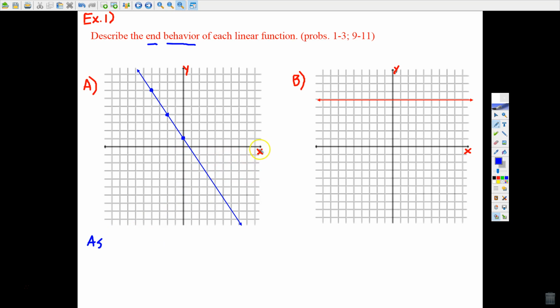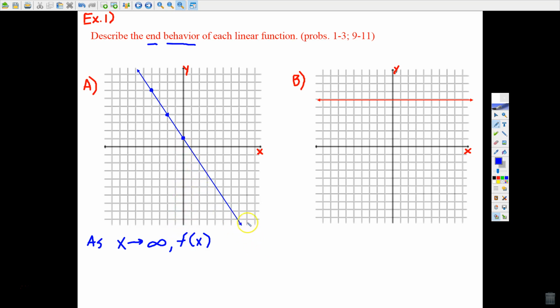As the values for x approach, and we're going to use this little arrow to say approach, positive infinity. If you want to, you could put a plus sign there, but no sign at all indicates positive infinity. So as my values for the domain get increasingly larger, the function, f of x, or you could say y, means the same thing, notice the values on the y-axis are getting smaller and smaller and smaller.